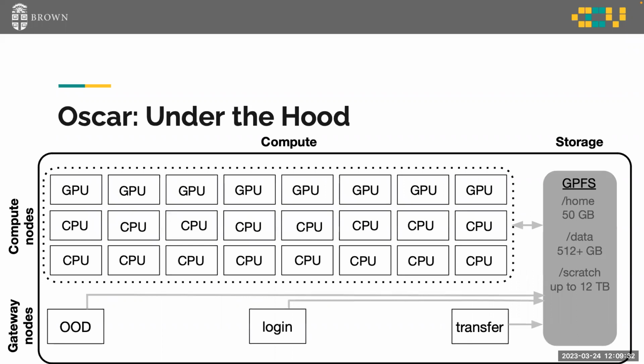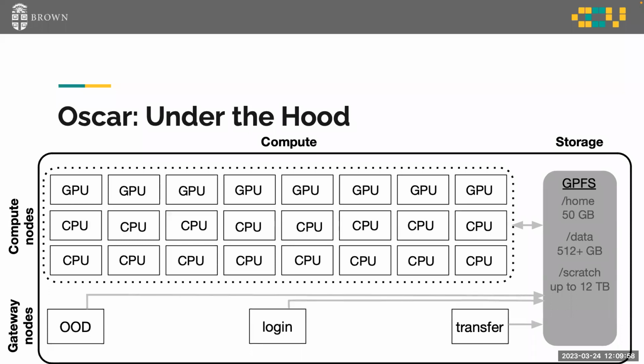So anyway, what does that mean practically speaking? Well, here's a little diagram of Oscar under the hood. You've got all your compute stuff over here, all your nodes, GPU nodes, CPU nodes. When you actually access Oscar, you're going to do it through one of what we call our gateway nodes, either Open OnDemand, the gateway node associated with that, or the login node, which is where you go when you SSH in. You don't actually run anything on the gateway nodes.